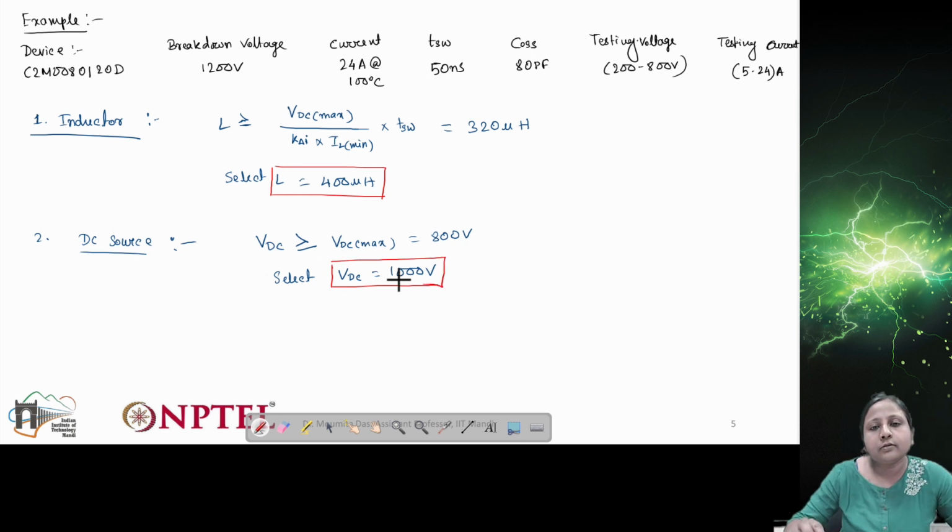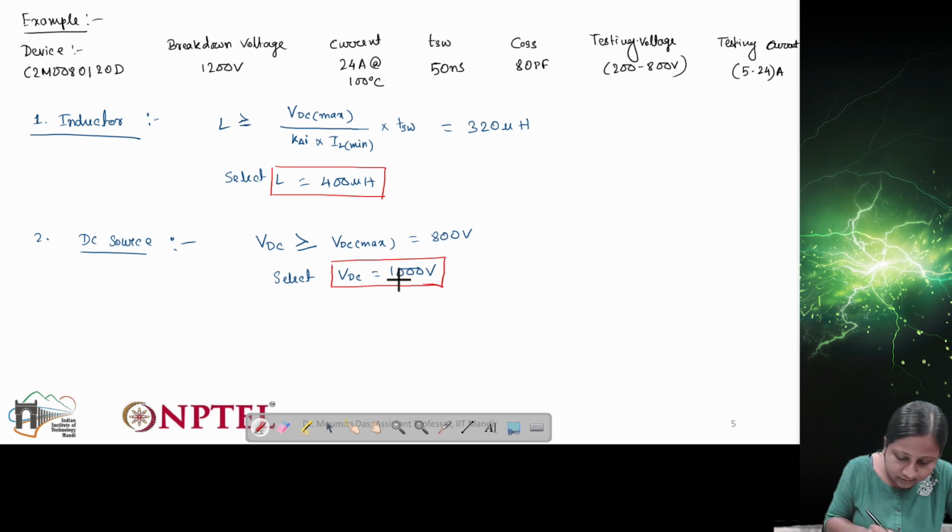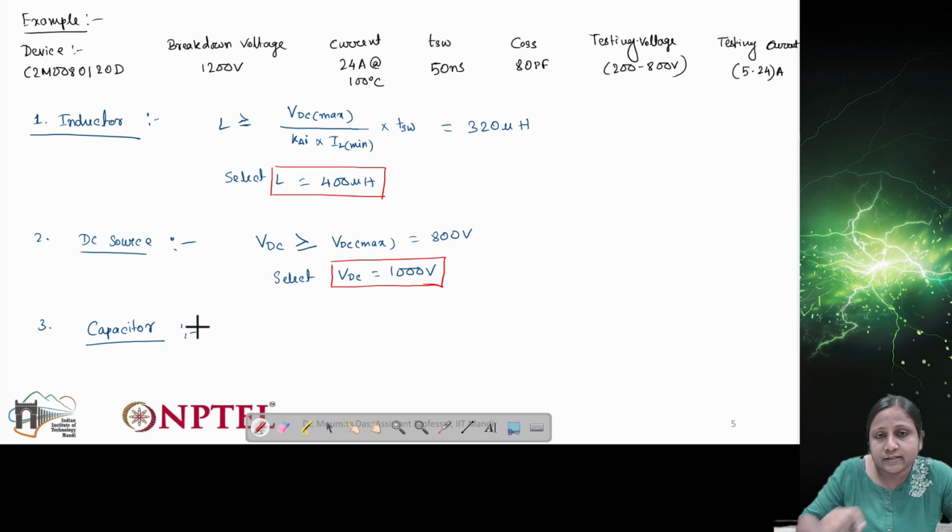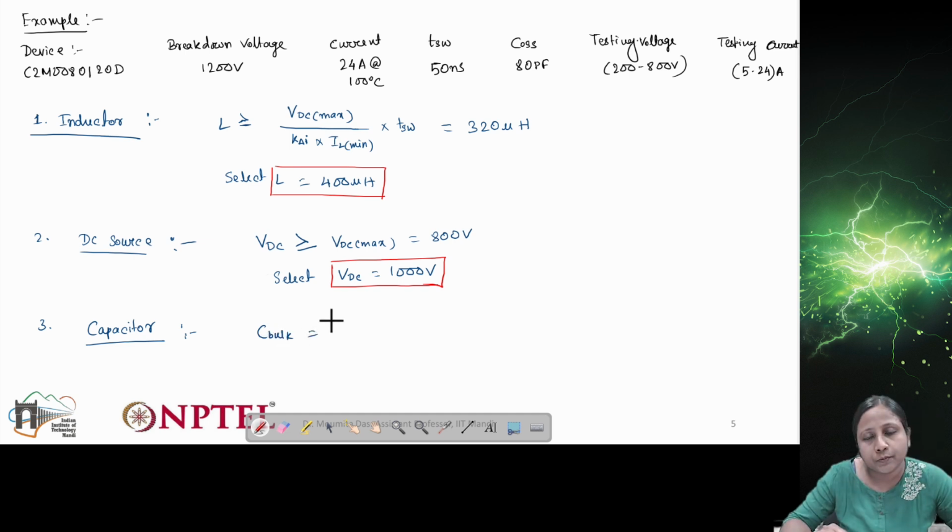Now what are the other components? Third is the capacitor. Two different capacitors are there. First is the storage or bulk capacitor. You already know the formula of C bulk; you can go back and check the previous slide, where the C bulk formula is given.